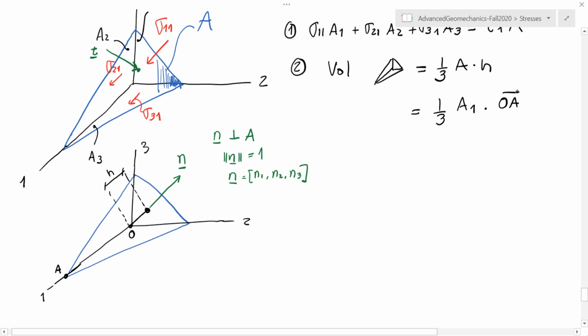And similarly, as I have a point A, I'm going to have also a point B and a point C. All right, since these two volumes are the same, let's use these equations and write them next to each other.